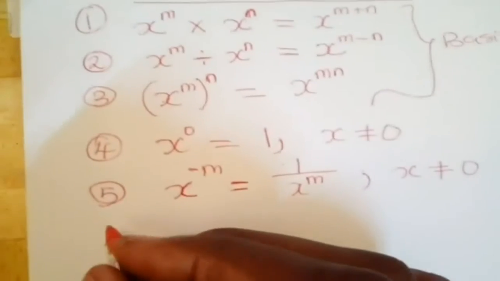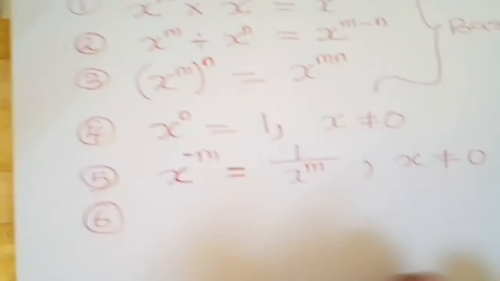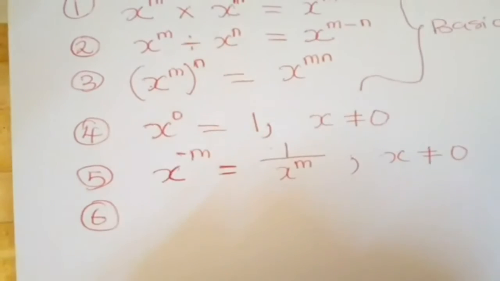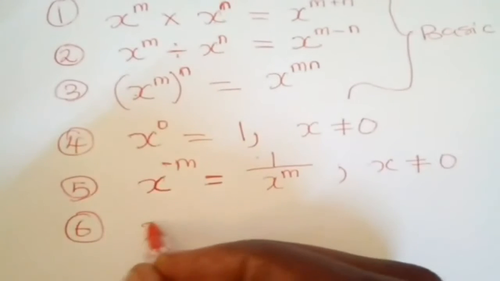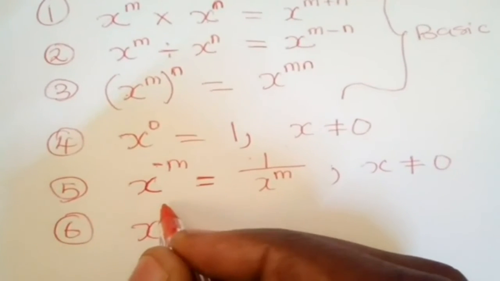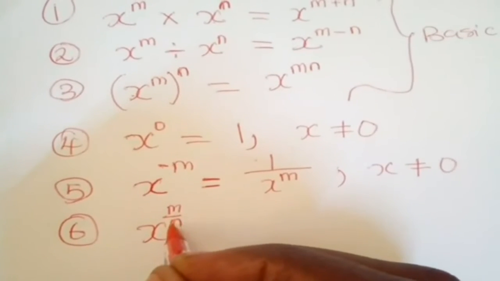Okay, the last law. Let's look at the last law, number 6. We have, let's say, x raised to a power that is a fraction, let's say m divided by n.